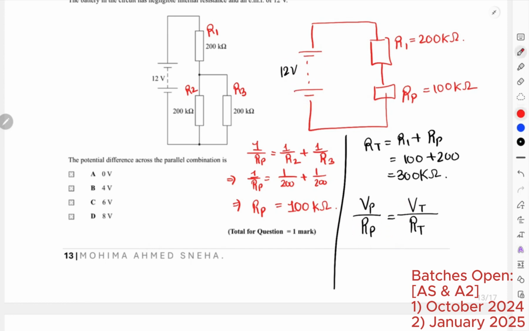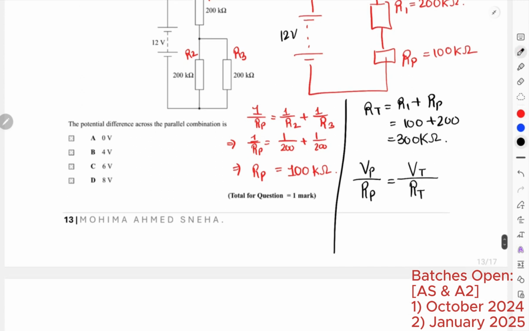That was just some extra knowledge I provided, not that much related to this calculation. If I only focus on the calculation for Vp, the voltage across that parallel combination, V total was 12, total resistance was 300, and Rp was 100, right? So you just get 4 volt.